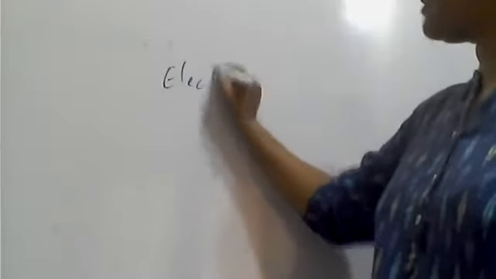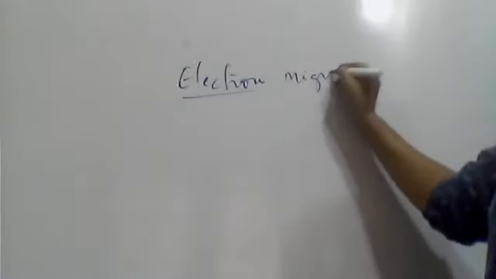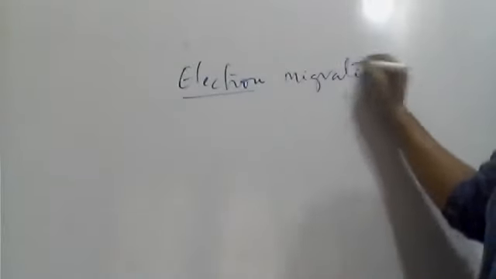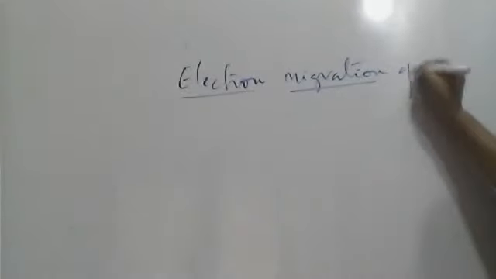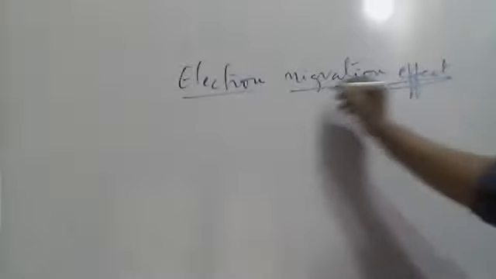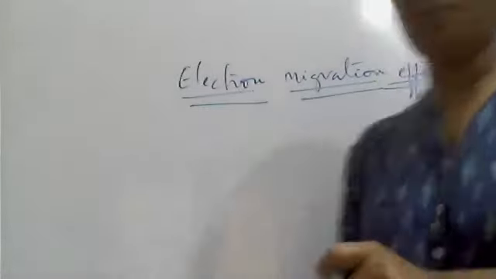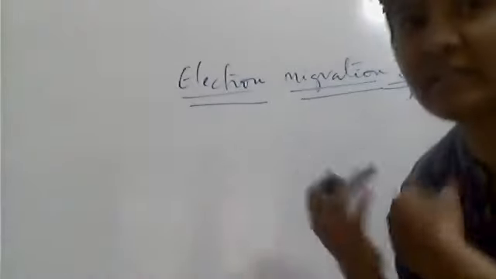So today is electron migration effects. Effect means effect only, which can affect. Migration means movement. Then who is moving here?